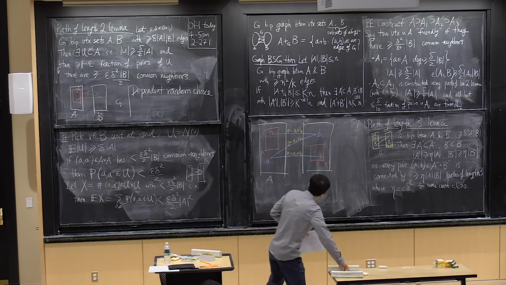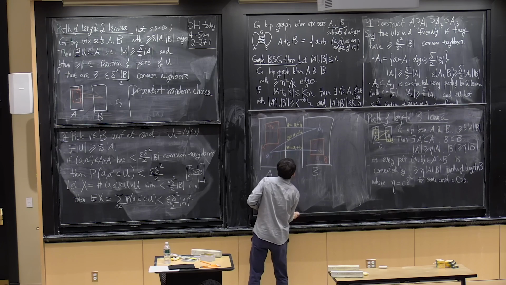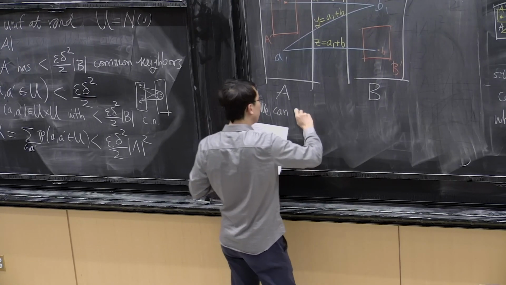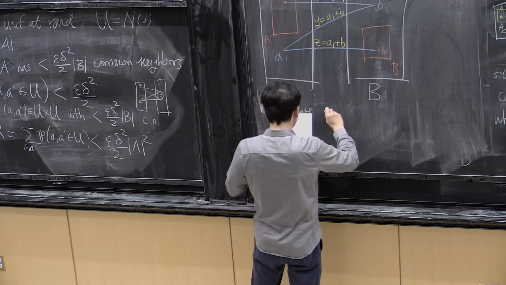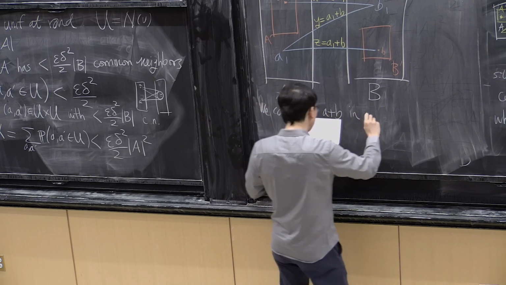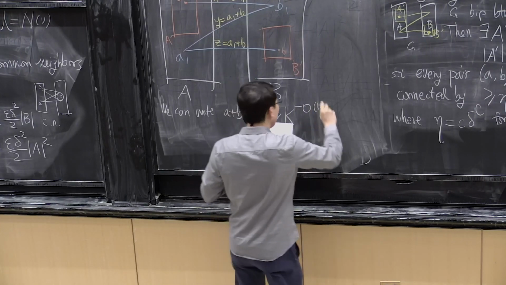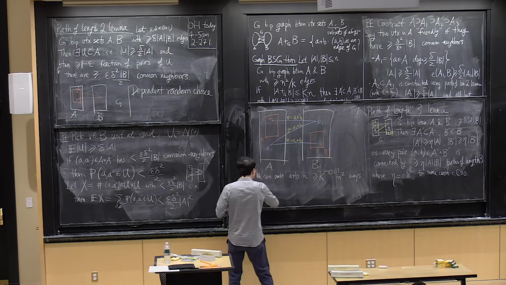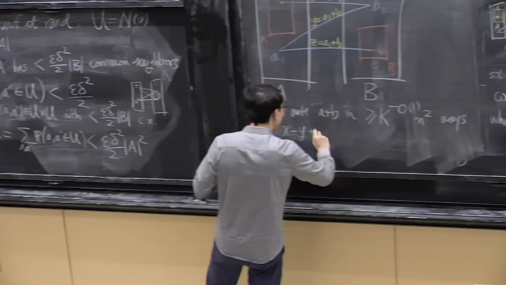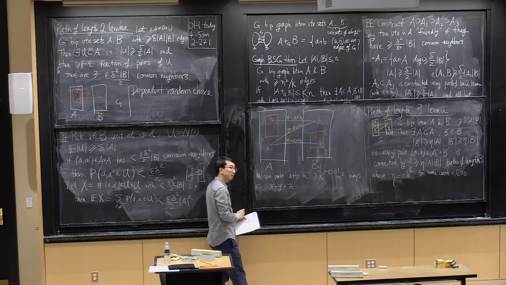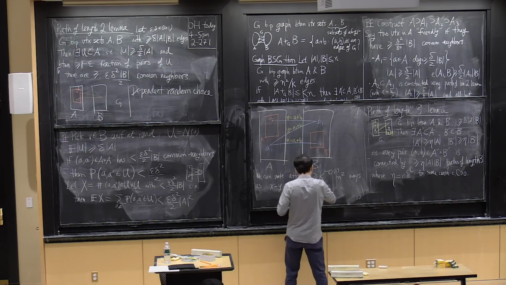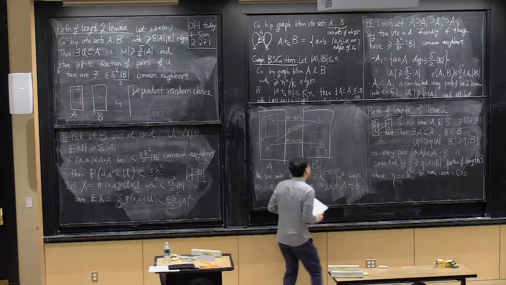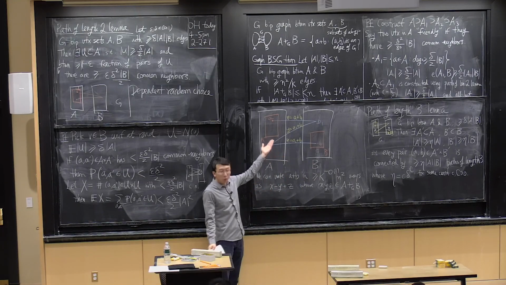All right. So now notice that we can write this a plus b in at least k to the minus big O1 times n squared ways as x minus y plus z by following this path, where x, y, and z all lie in the restricted sum set, because that's how the restricted sum set is defined.